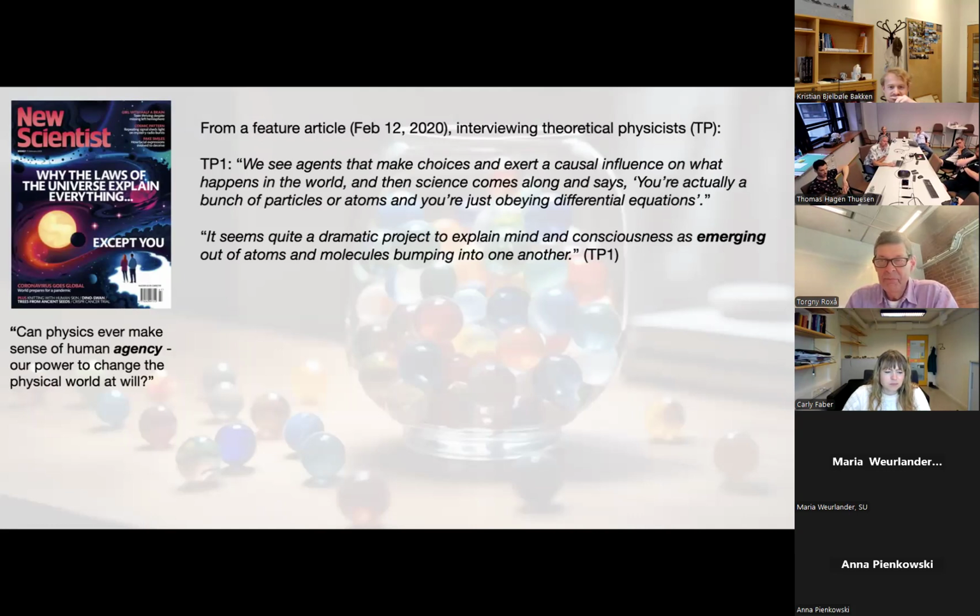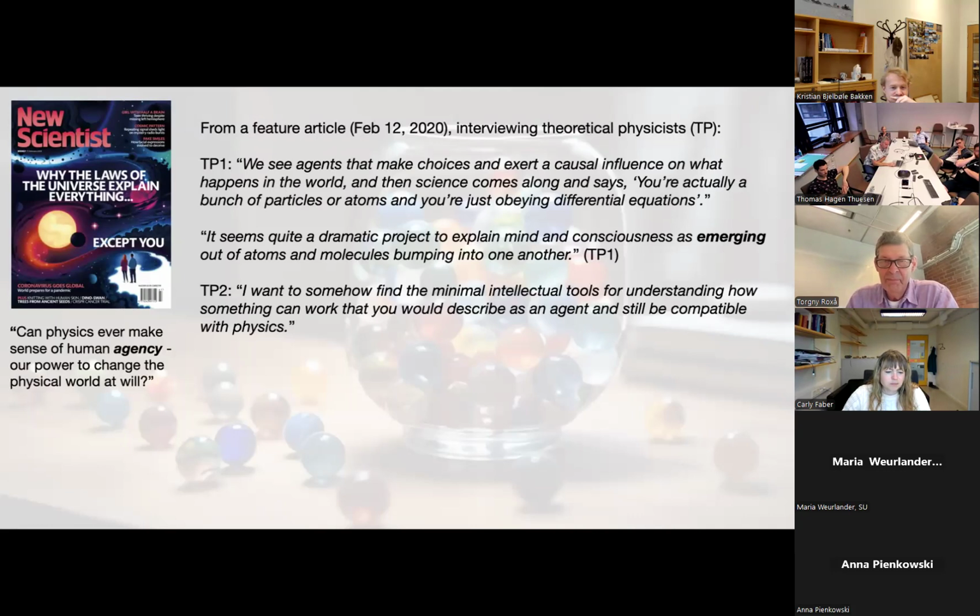Okay. And then theoretical physicist 2 says, I want to somehow find minimal intellectual tools for understanding how something can work that you would describe as an agent and still be compatible with physics, implying that agency and the way we understand it is not.